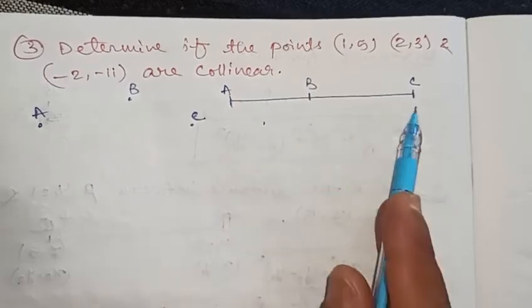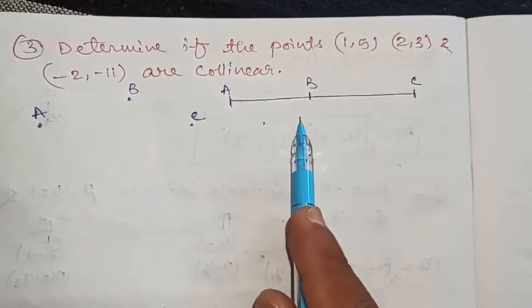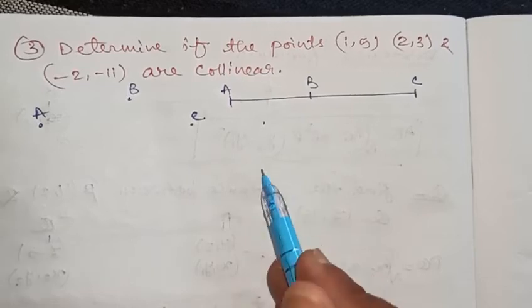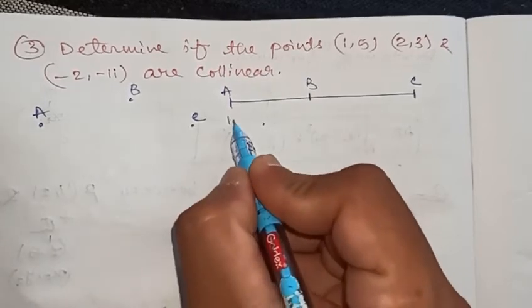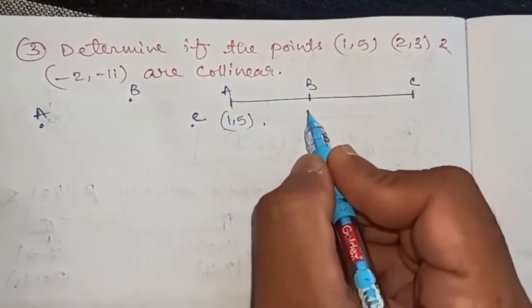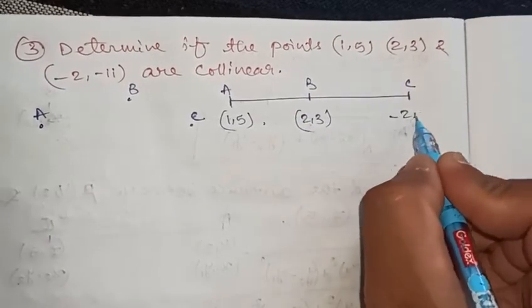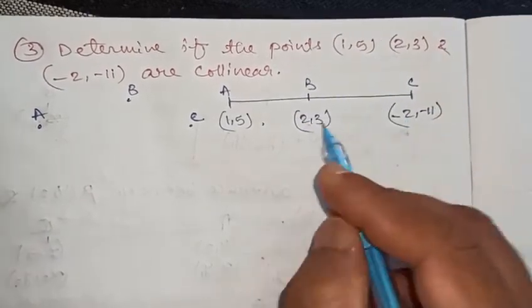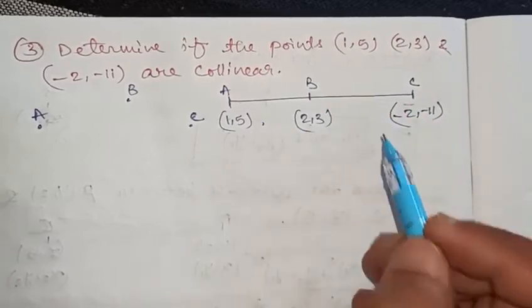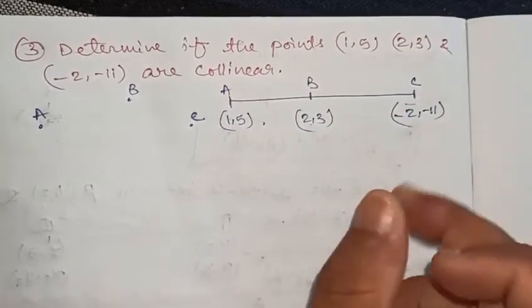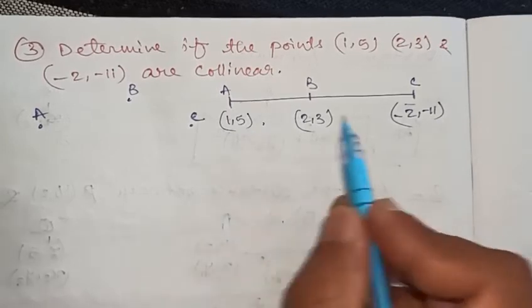So these are the 3 points lying in a straight line. But how to prove that they are collinear? Suppose A is 1,5, B is 2,3, C is -2,-11. These are the coordinates of ABC. We will assume that they are collinear, in a straight line. So how to prove they are in a straight line?